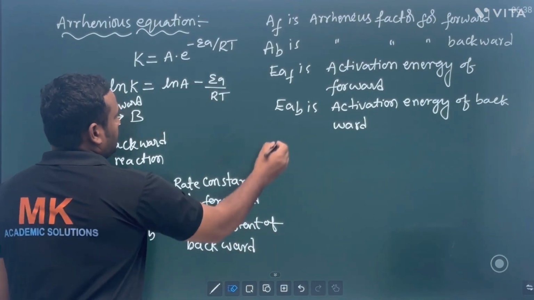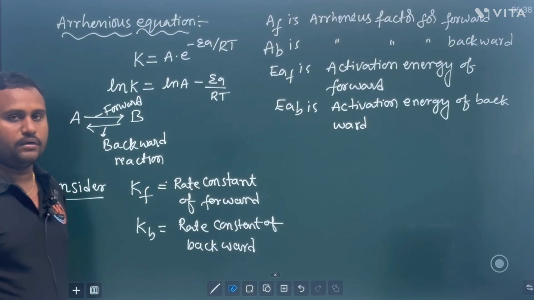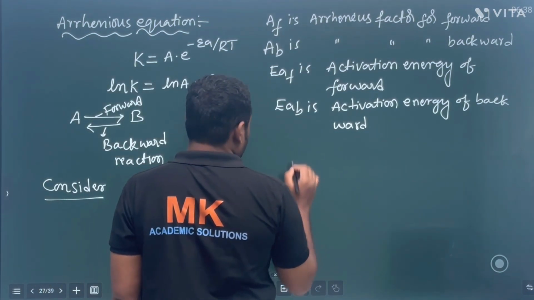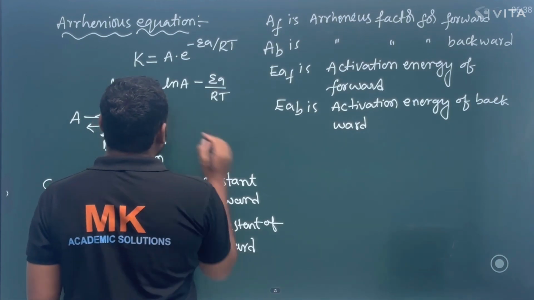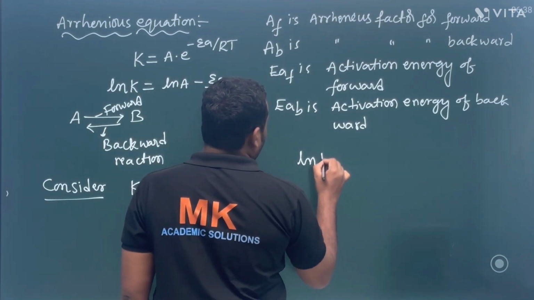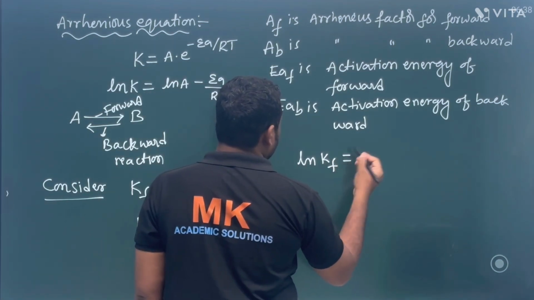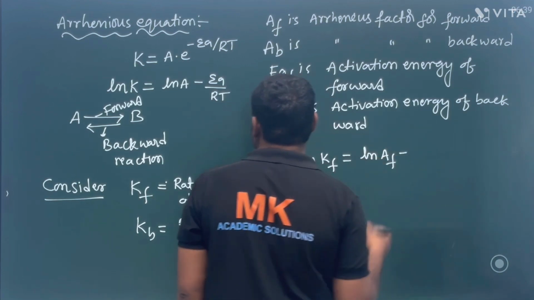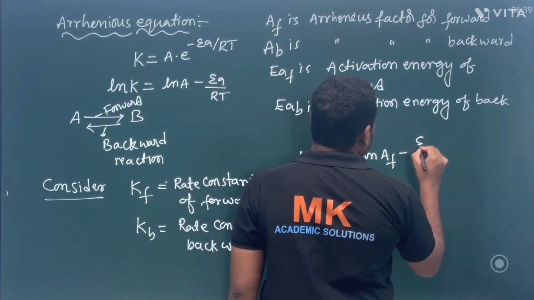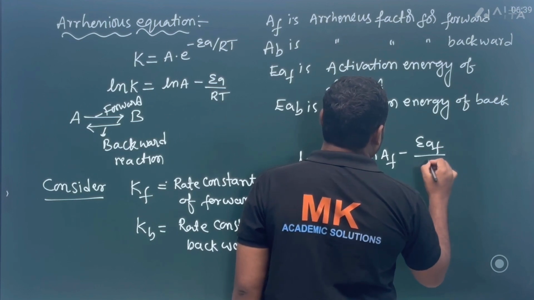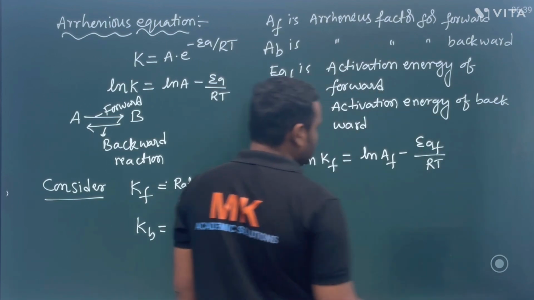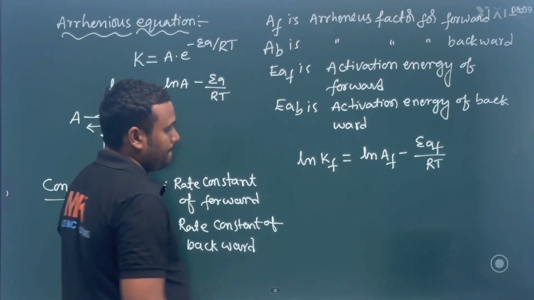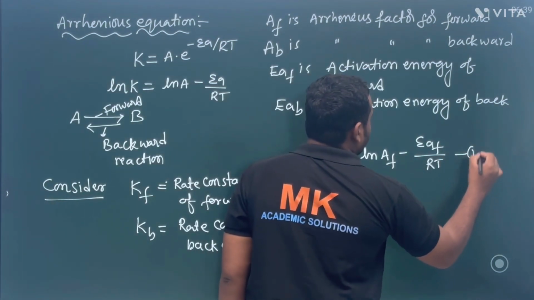So now let us see the Arrhenius equation for the forward and for the backward reaction. ln Kf is equal to ln AF minus EAF by RT. Same temperature we are going to take. Consider this as equation number 1.